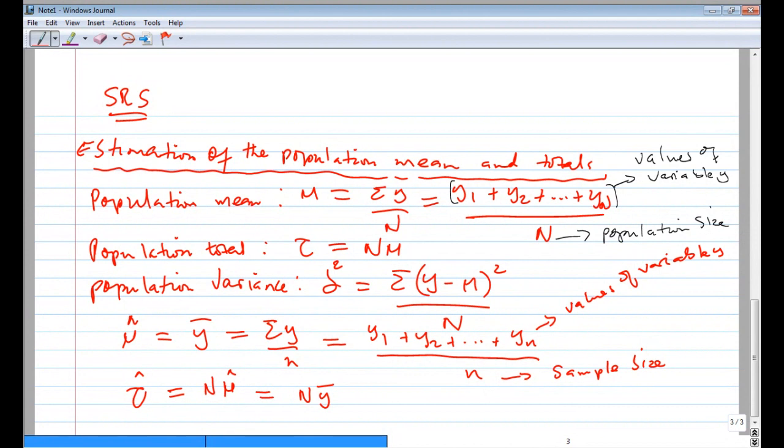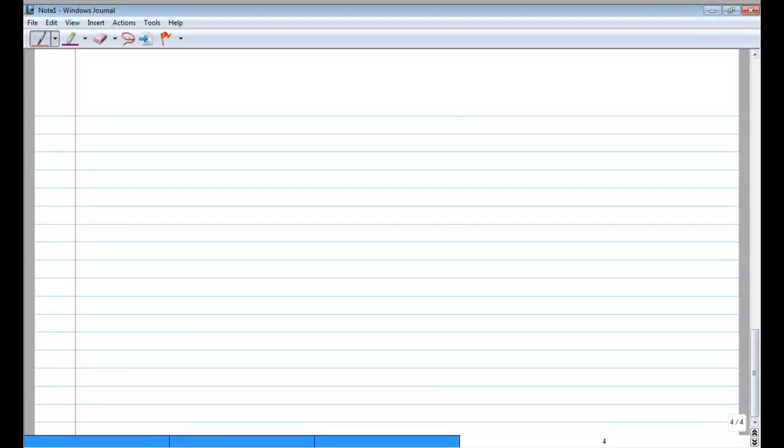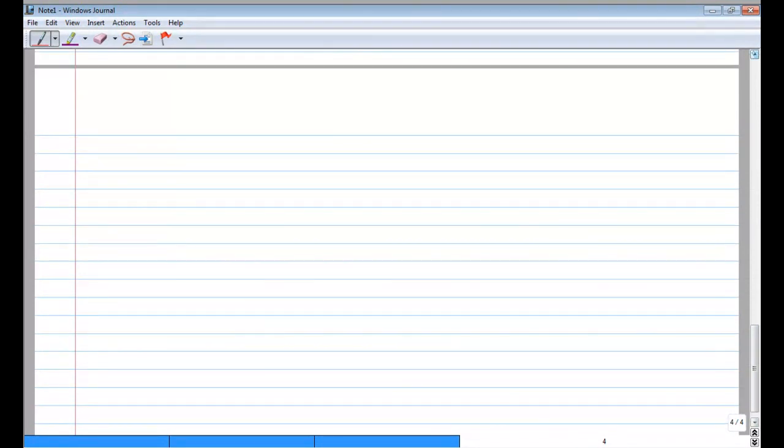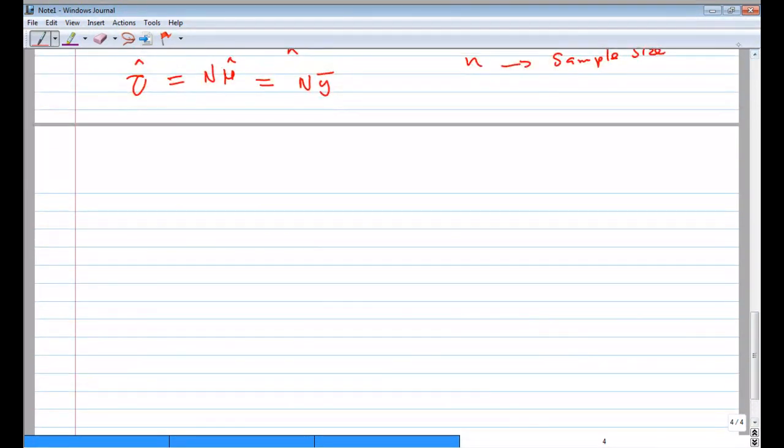If you want to estimate the population variance, you have sigma squared with a hat, because you're estimating it, which is the same as s squared, given by this formula: the summation of yi minus y bar, all squared, divided by n minus 1.